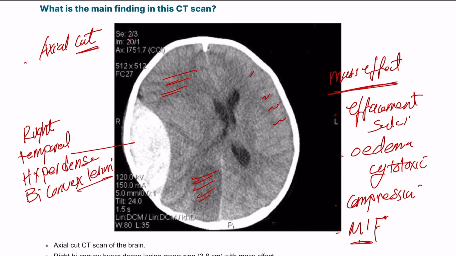So we have a right biconvex hyperdense temporal lesion showing a mass effect, which is represented by surrounding edema, effacement of the sulci, midline shift, compression on the ventricles, and this is likely a right temporal epidural extradural haematoma.